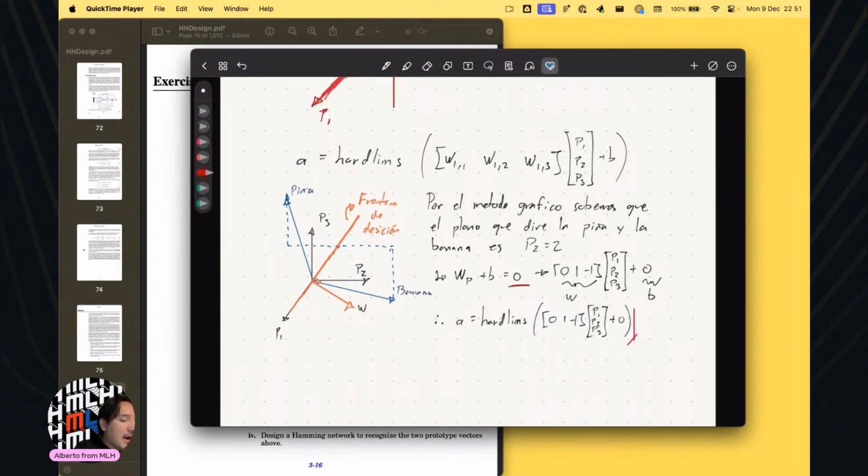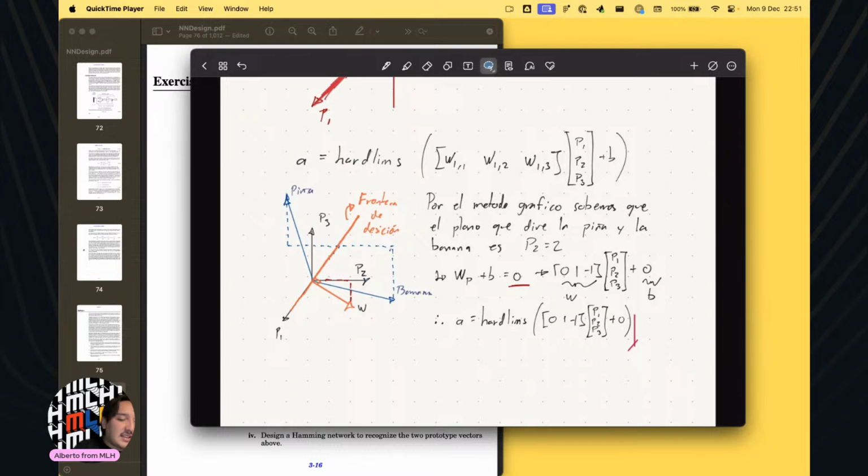So no movement on P1, 1 in P2, and -1 in P3. That's the orthogonal movement we wanted. Based on that, we have these values, and this is our final function.